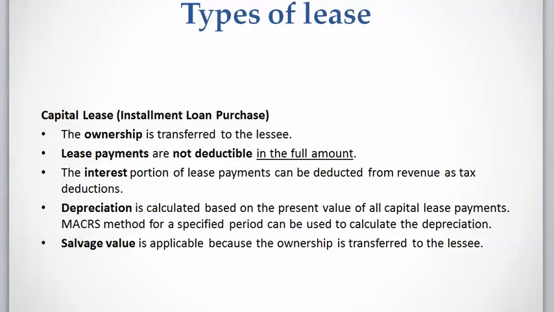Because the ownership is transferred to the lessee, the lessee can use depreciation to take advantage of tax deductions. The lessee can use the MACRS method, and salvage value is applicable to the lessee.